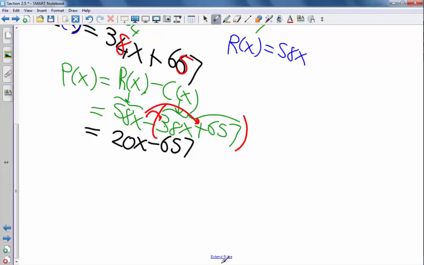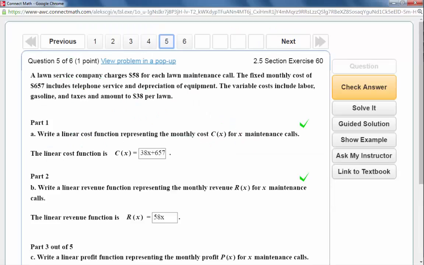Okay? This should switch to minus, and this should switch to minus. Now when I combine these, I got 20X minus 657. Any questions?